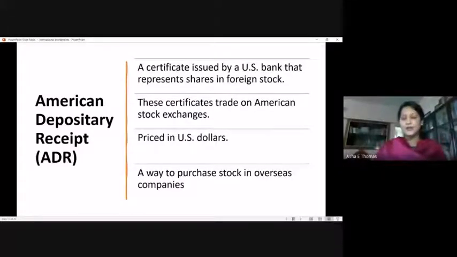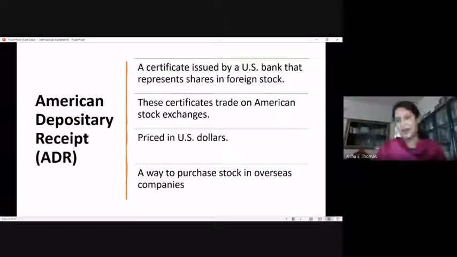Now, an American Depository Receipt, ADR, is a certificate issued by a US bank that represents shares in a foreign stock. I gave the example of the UK, right? Suppose a US citizen wants to invest in shares listed in the UK market. It can be done through an American Depository Receipt issued by a US bank.